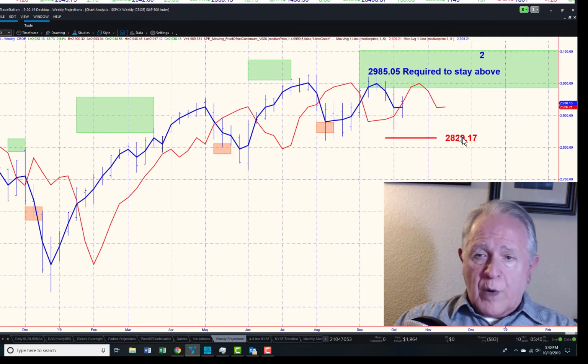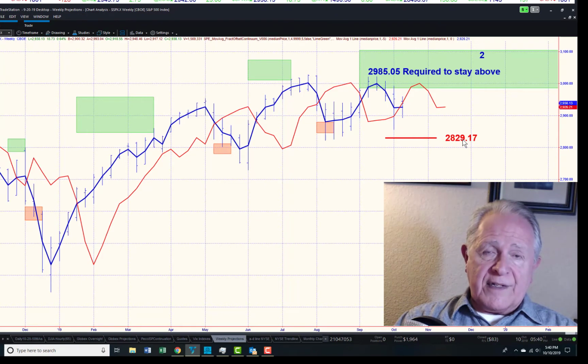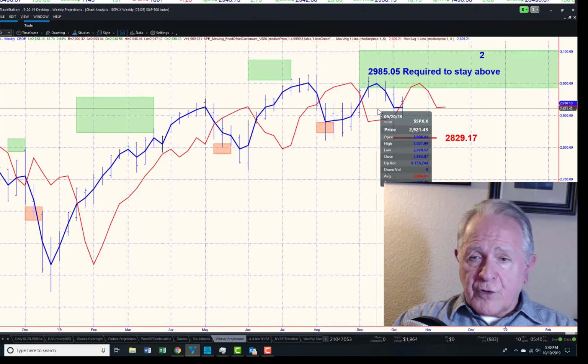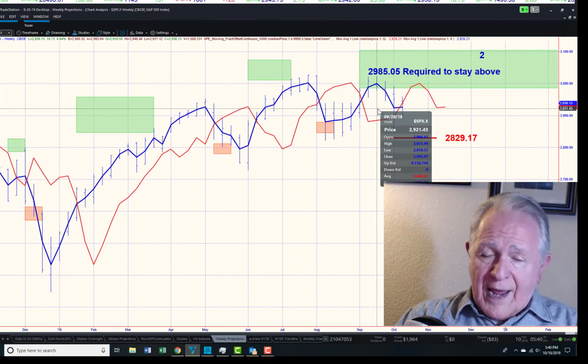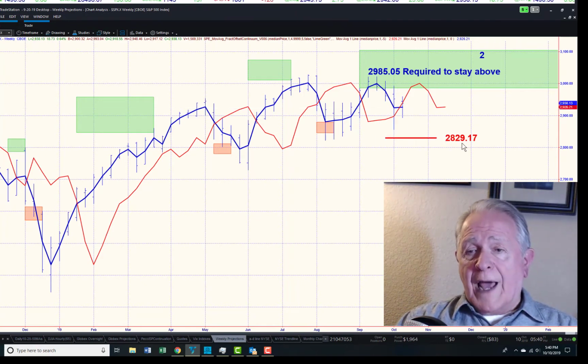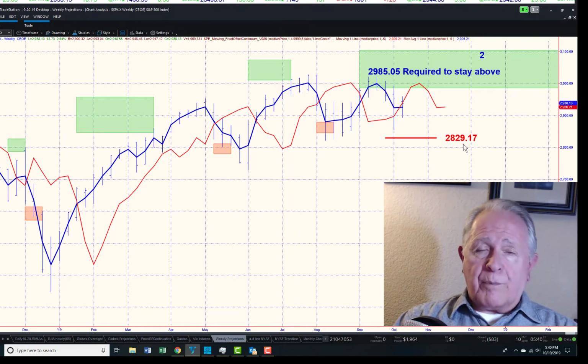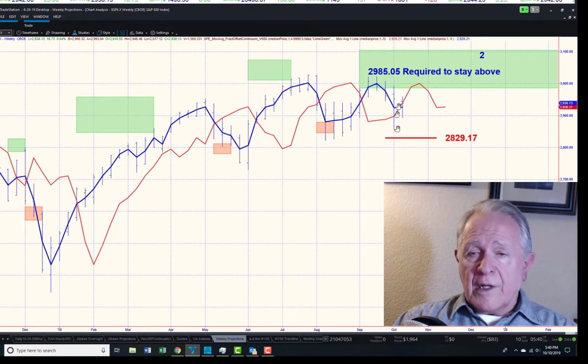It will call for 2829.17, plus or minus 10%. So you take the high, which would be so far 3021.99, and you take the move down to 2829. You figure out how much of a move that would be, and then you figure out plus or minus 10% for the move. But the important thing is this target right here, the 2829.